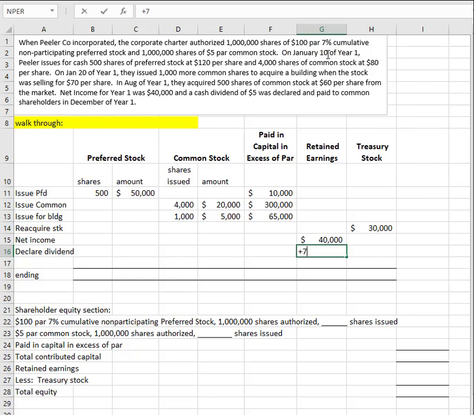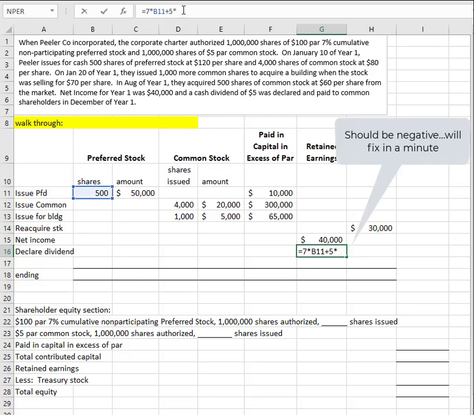We have to pay that 7 times each of the preferred stock shares. So they have to get the $350, that's going to preferred, and then we've got to pay $5 times the number of outstanding shares of common. So the shares outstanding would be the 4,000 issued plus the 1,000 issued minus the 500 that are in Treasury. So outstanding shares is issued minus Treasury.